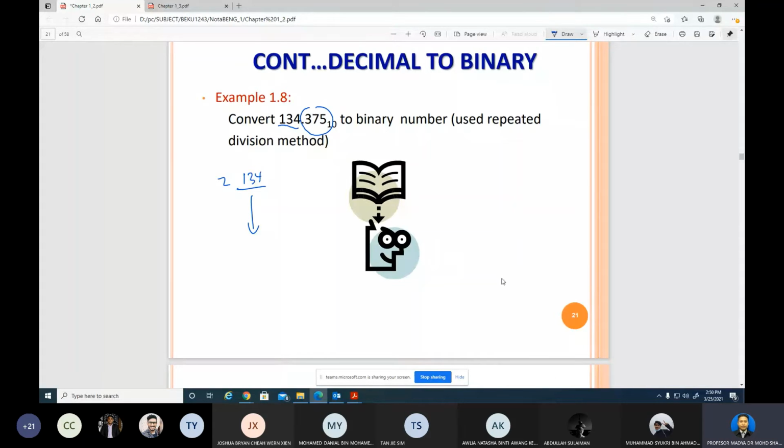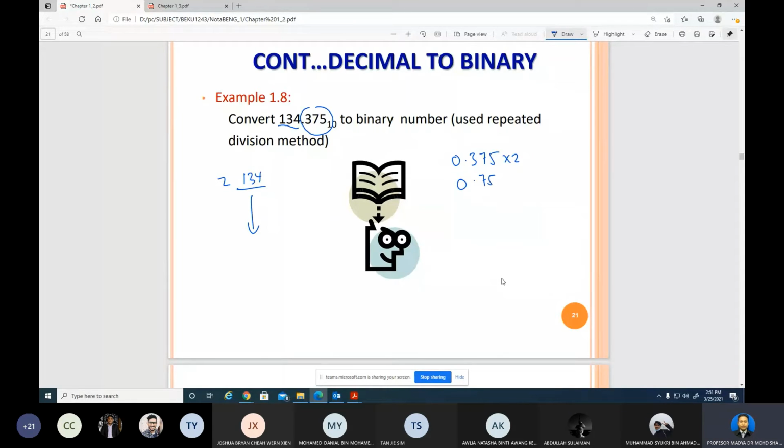That means we take here 0.375. This one you have to multiply by 2. So 0.375 multiplied by 2, you get 0.75.